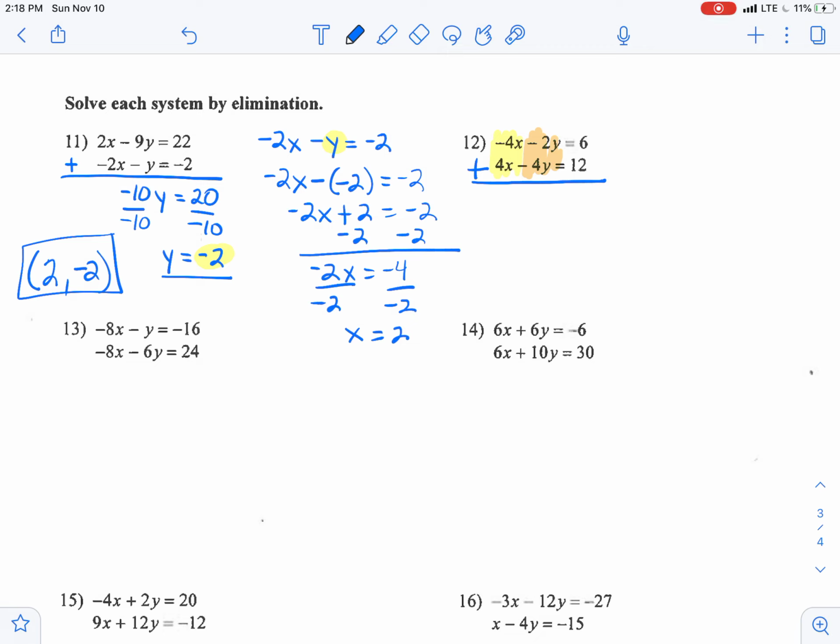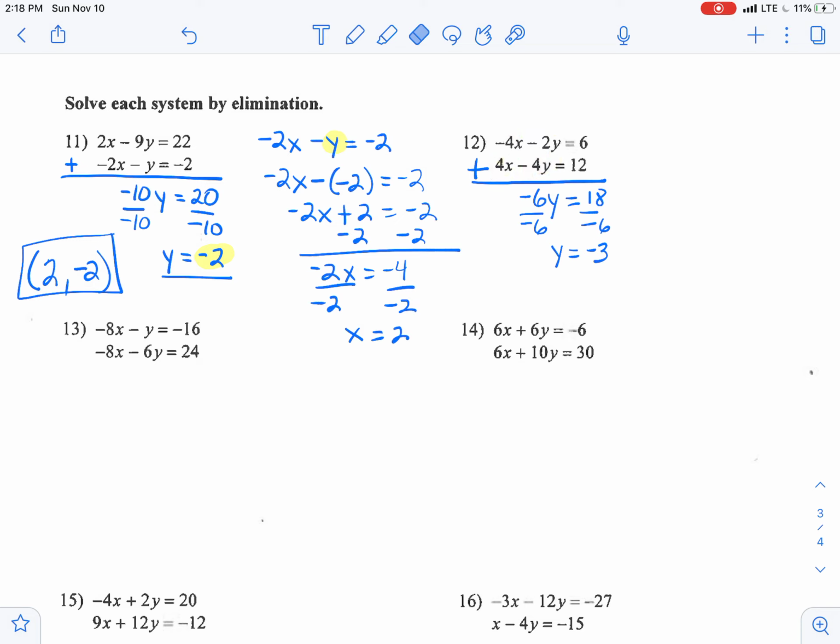Okay, so in this case, when I take a negative 4 and a positive 4, those do eliminate. I get a negative 6y equals 18, because I'm just adding down. I'm going to divide by a negative 6, so y equals a negative 3. Now, if y is equal to a negative 3, I'm going to pick one of my original equations.